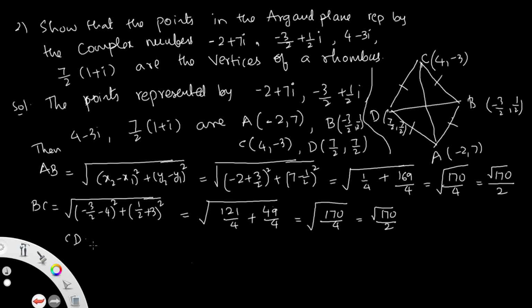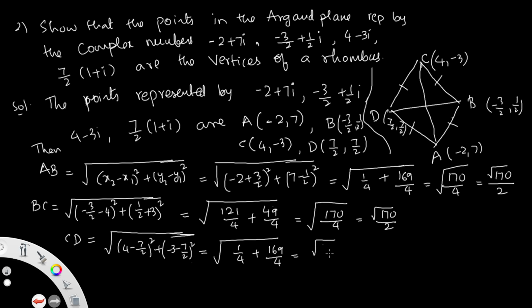Next find CD. CD is root over (4 minus 7 by 2) whole square plus (minus 3 minus 7 by 2) whole square. That is 1 by 2 whole square, which is 1 by 4, plus minus 13 by 2 whole square, which is 169 by 4. This is also root 170 by 2.